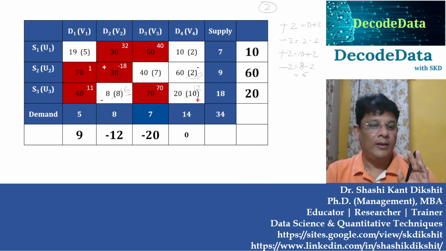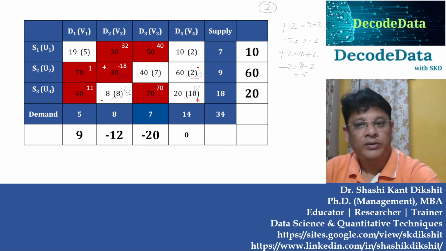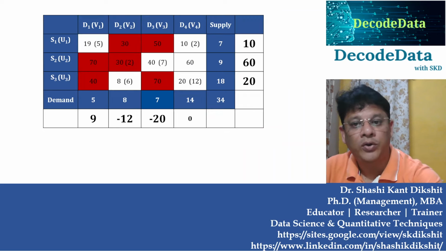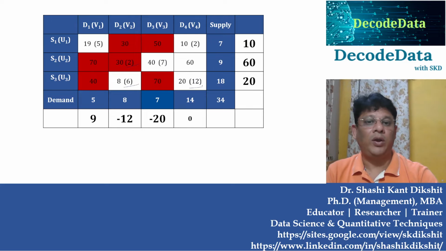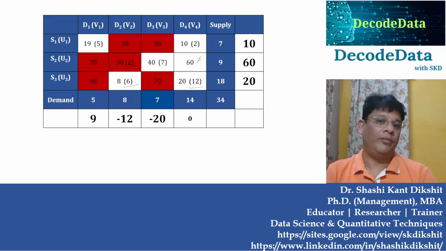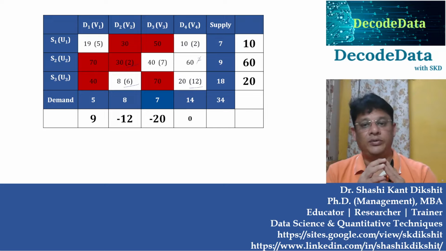Clear? Now when the matrix is balanced, you will reach a new matrix like this, right? Here we have 2, here we have 6, here we have 12, and here the 2 allocation was removed. So this is the new matrix. Why have we found this matrix?